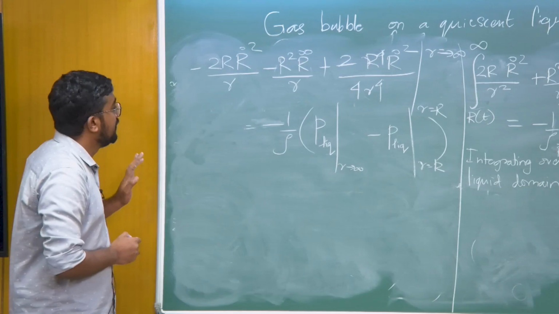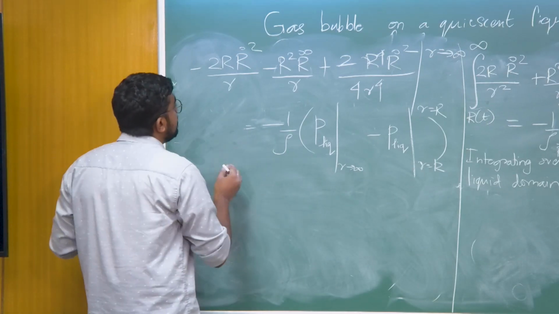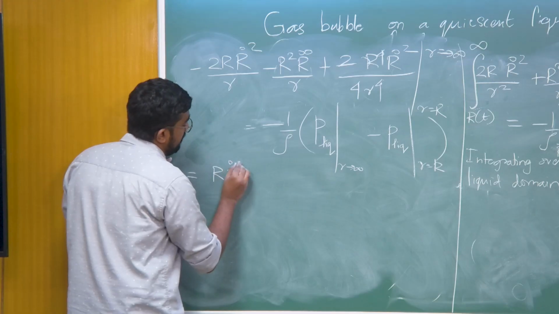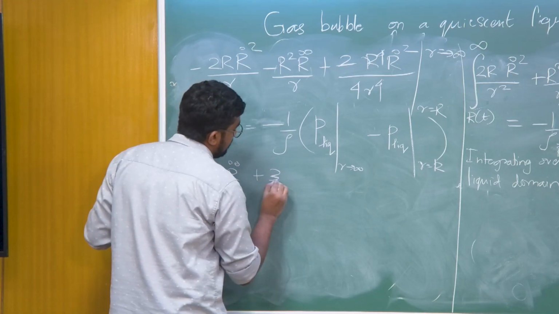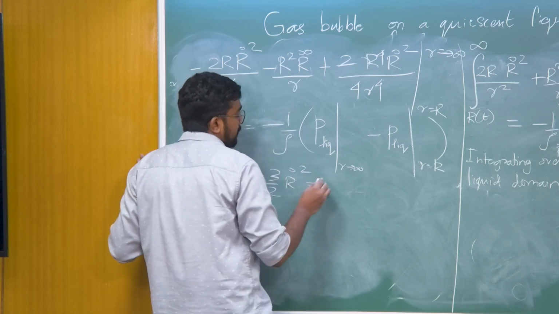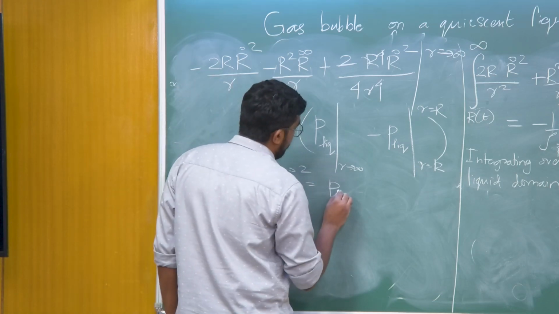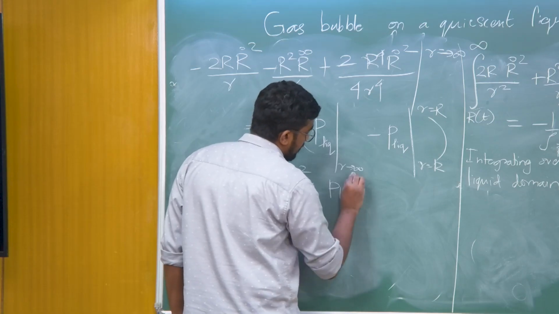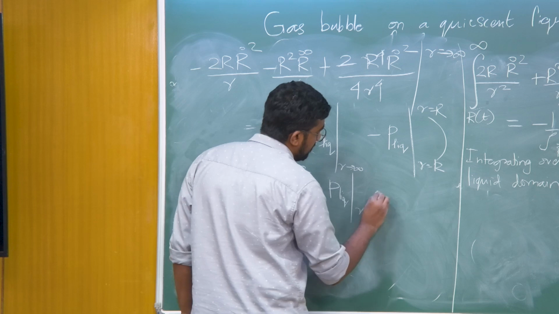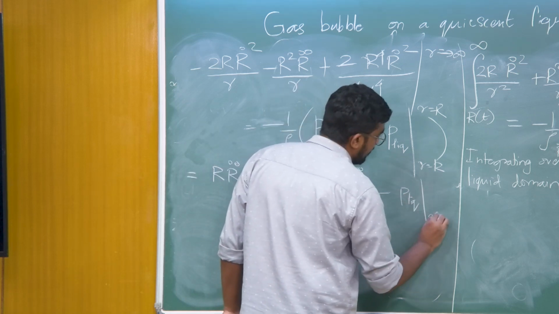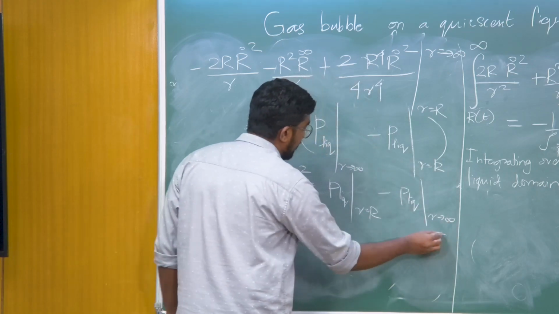So you simplify this, you should get something like R double dot plus 3 by 2 R dot square is equal to P liquid at r equal to capital R minus P liquid at r tends to infinity, by rho.